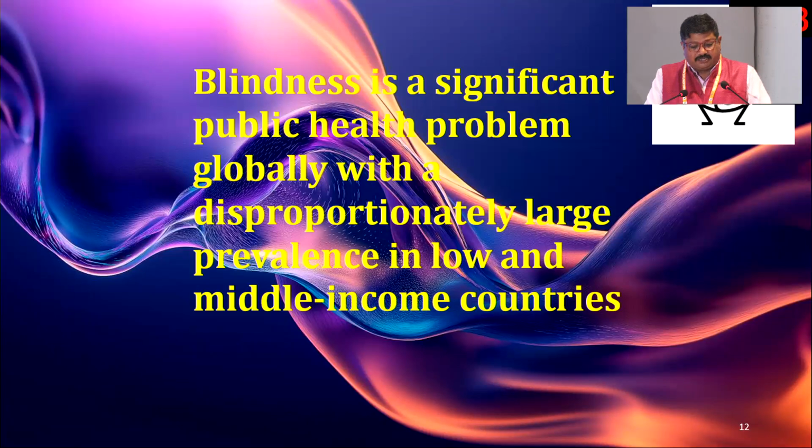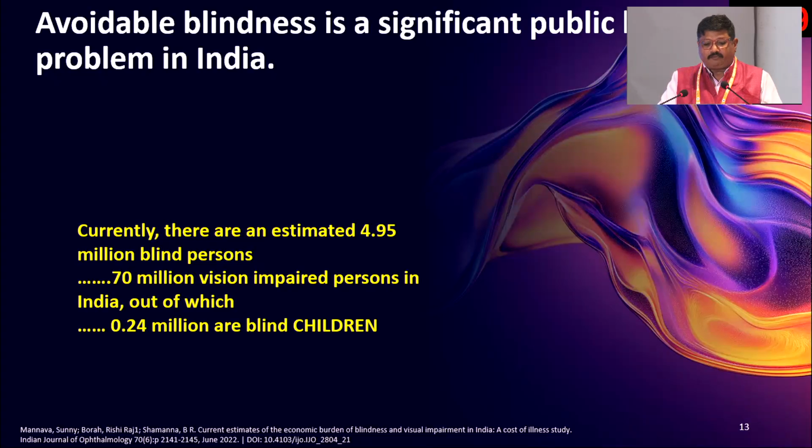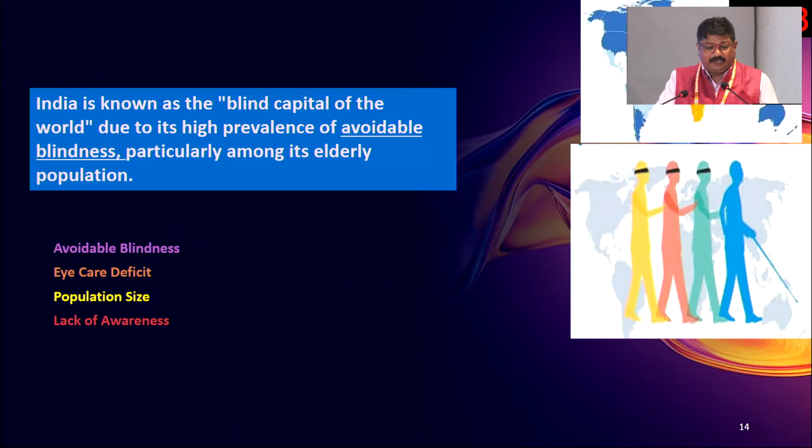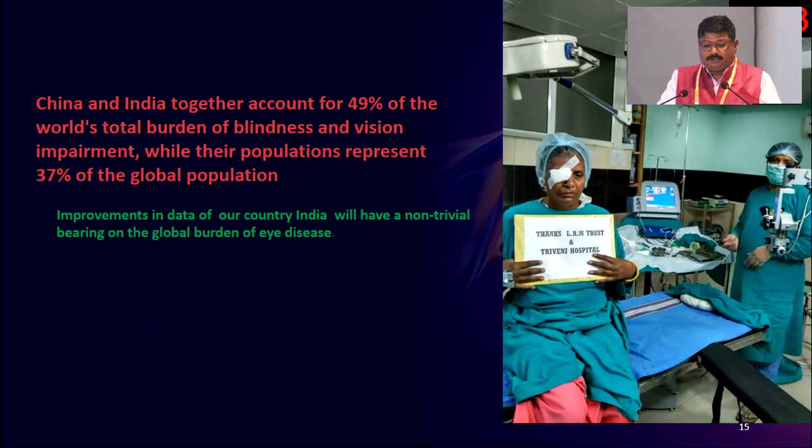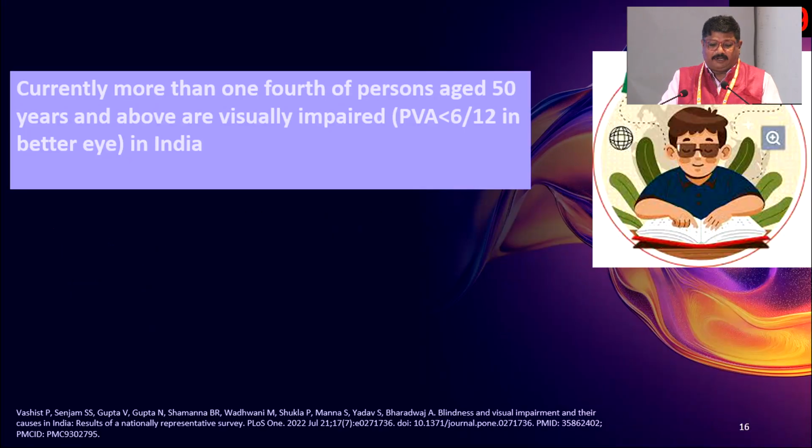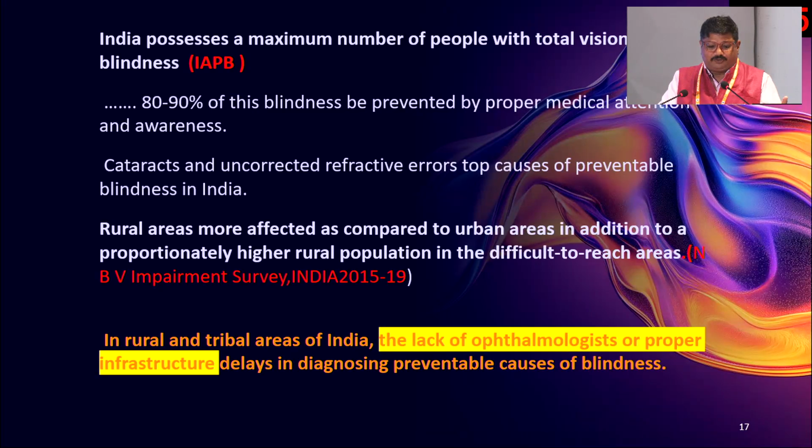Blindness is a significant public health problem, not only in India but globally, and we have a disproportionate burden. India is basically the blind capital of the world. China and India account for around 50% of the blindness, and more than a quarter of the persons of productive age are visually impaired.